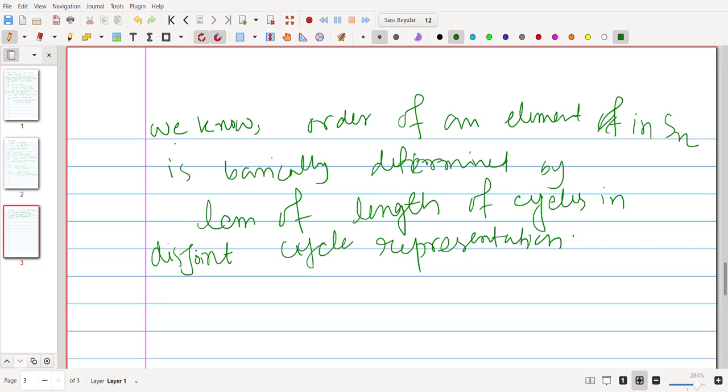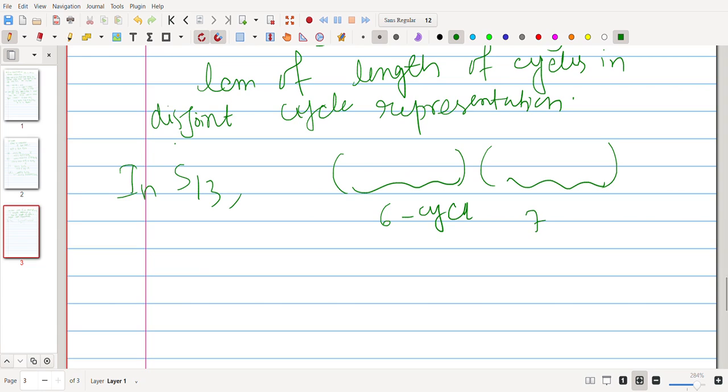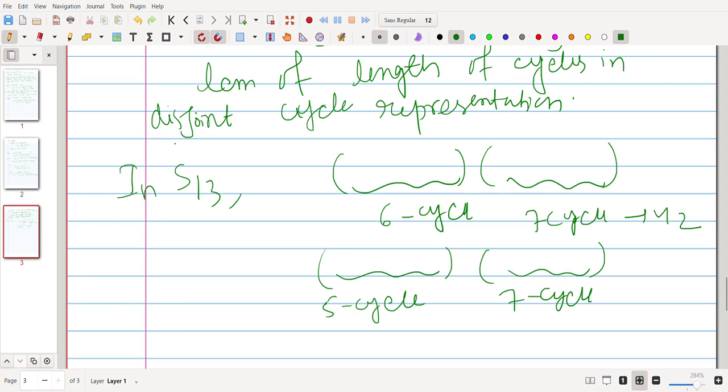Okay, so as a result, in S13 I can take a 6-cycle and a 7-cycle, I have order 42. I can take a 5-cycle and a 7-cycle, I have order 35.